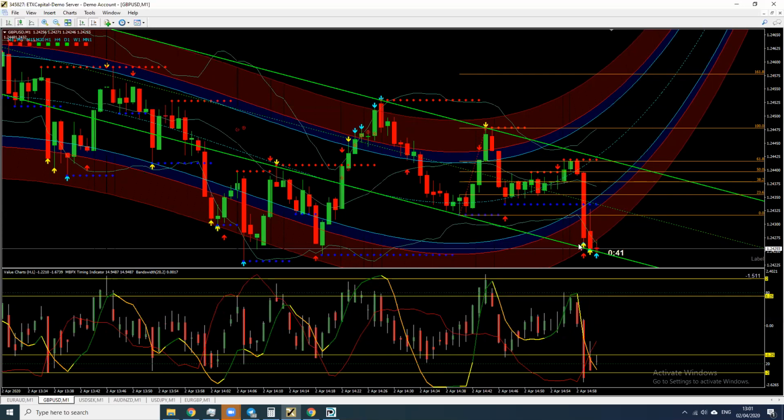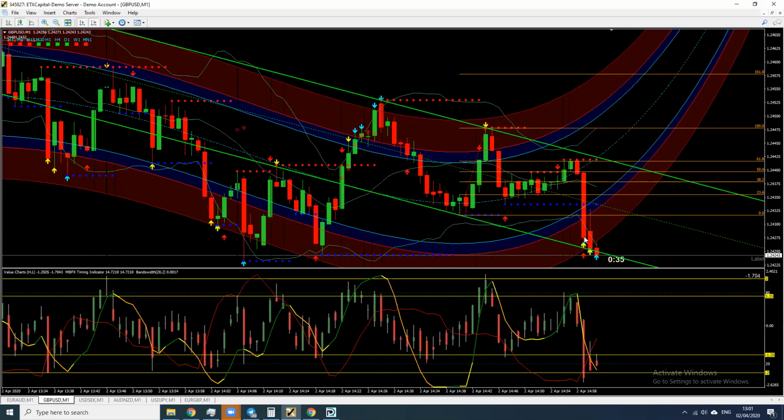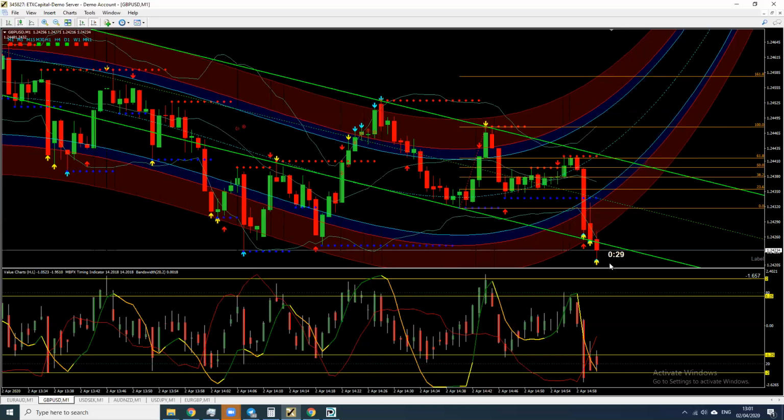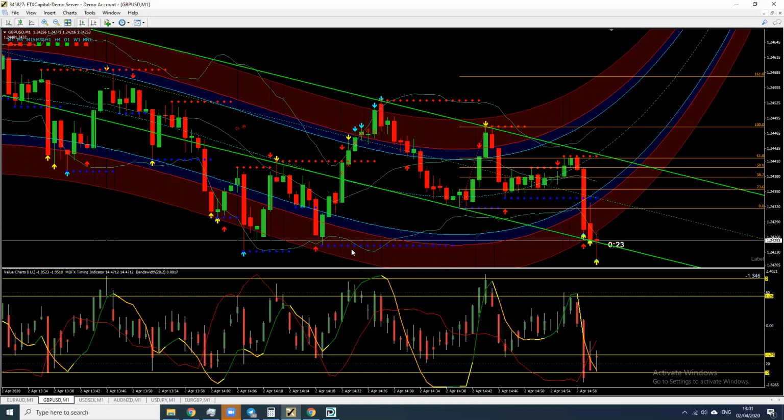So in this case, I would definitely have taken this for a trade because it is, first of all, outside the lower Bollinger Band, okay? It's hit the SHI, it's outside the holy channel, it's coming up against a support area here. So all of those things are telling me that there's a good chance it'll rebound.